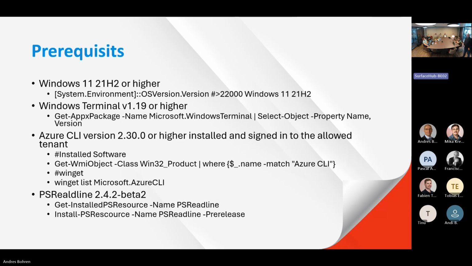You need to have Windows Terminal 1.19 or higher, and that's the command how you get that. And you need to have the Azure CLI version. There are two ways, one would be winget or a PowerShell object. And you need to have the preview or the beta 2 of PowerShell 7.4. These are the requirements.